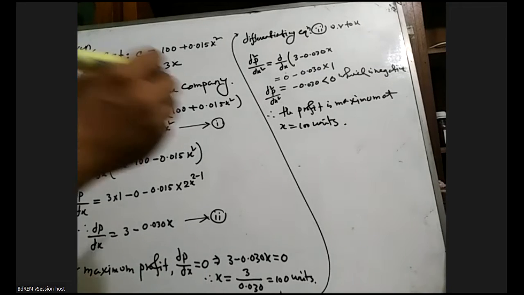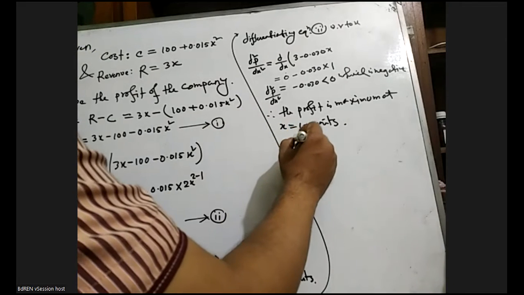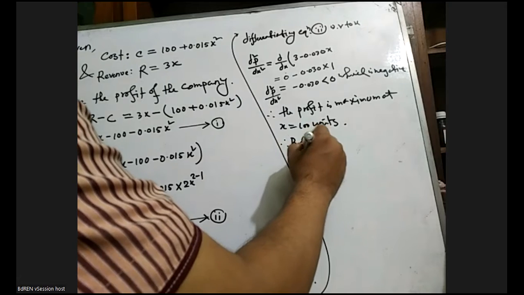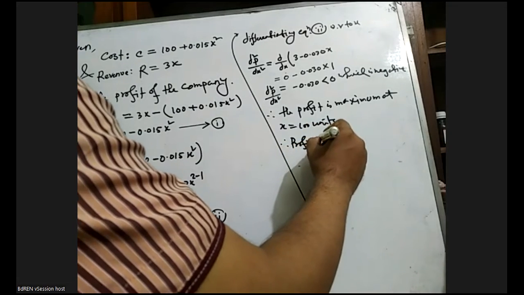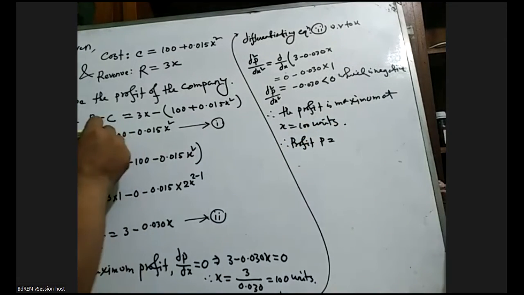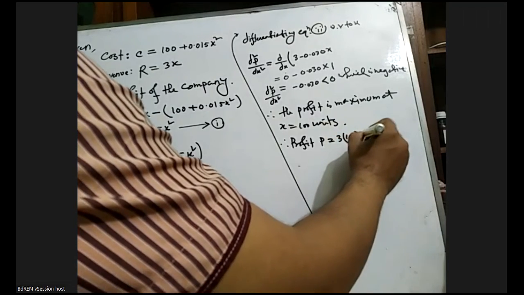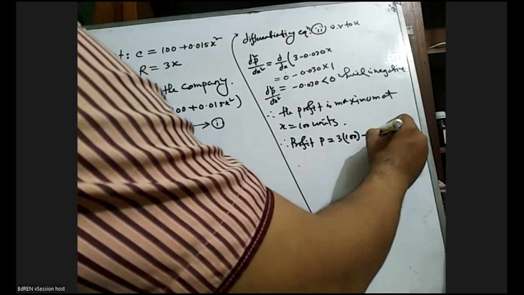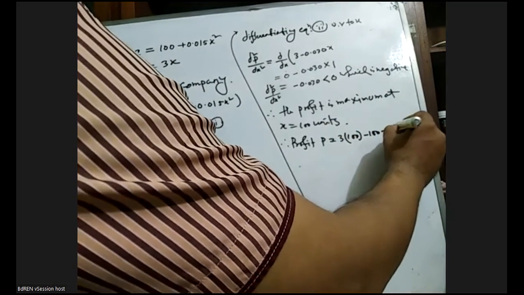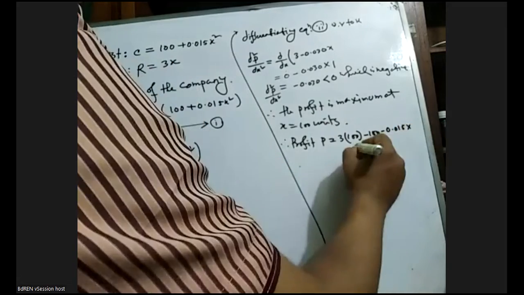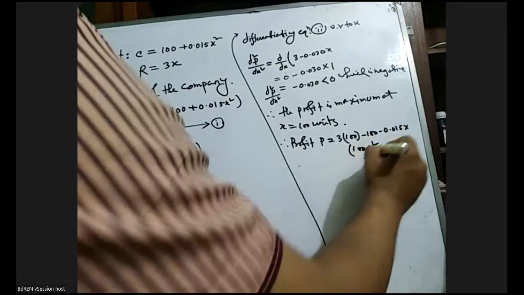So profit is maximum at 100 units. Now from equation 1, the total profit. Therefore, profit P equals what will be? Putting x equals 100: 300 minus 100 minus 0.015 into 100 whole square.